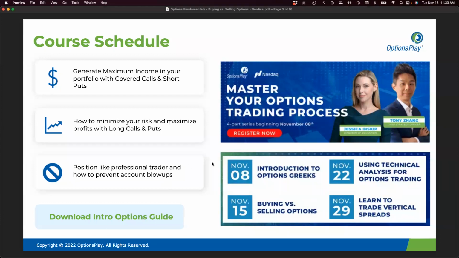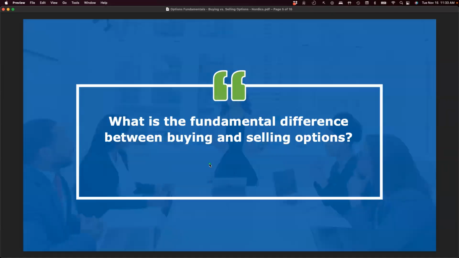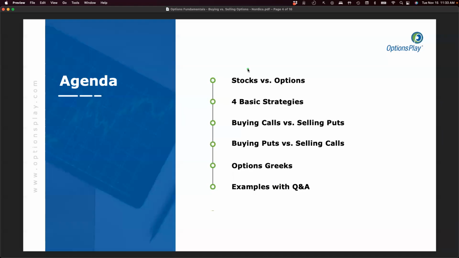So what we're going to cover here today is we're going to start off by talking about the basics of what the differences are between trading stocks versus options. We're going to talk about the 4 basic strategies and just understanding these 4 basic strategies if you've never learned them before. And then we're going to dive into bullish strategies, which is buying calls versus selling puts.